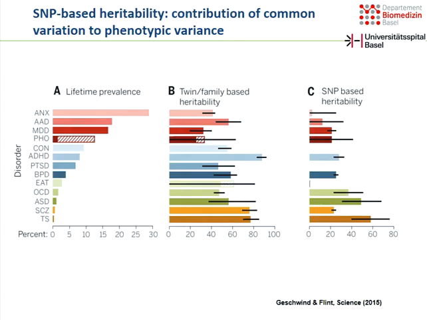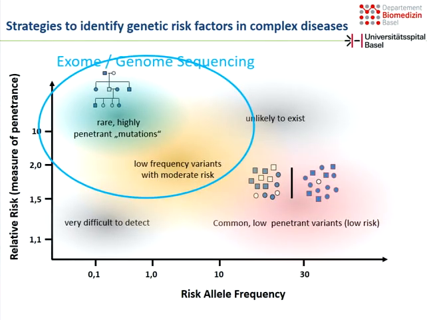And the rest of the genetic contribution, that is of course the question, and we will come to this later. What is the rest of the contribution apart from the common variation? Jason mentioned that we have rare variants in the genome, and the expectation is that they also contribute to the heritability.